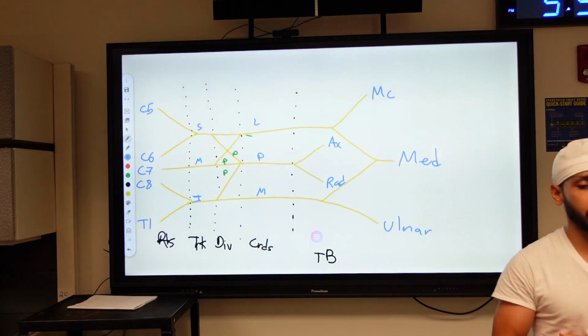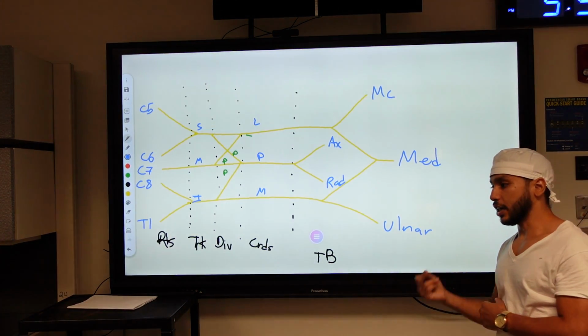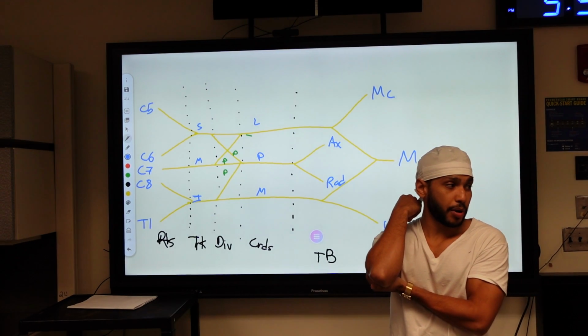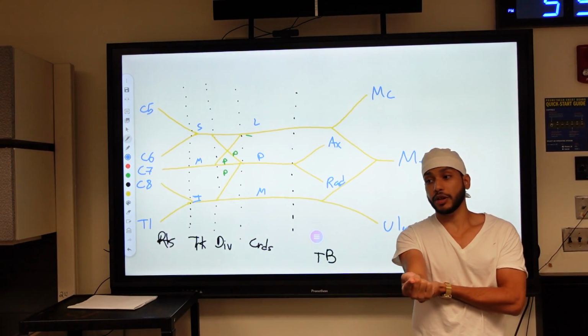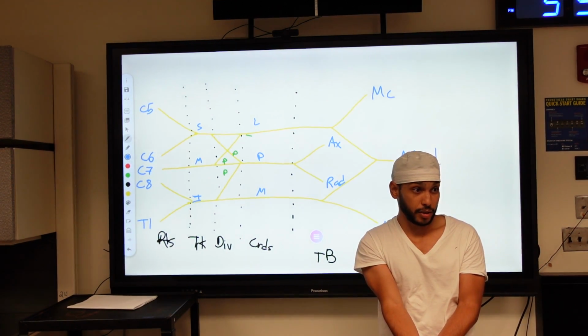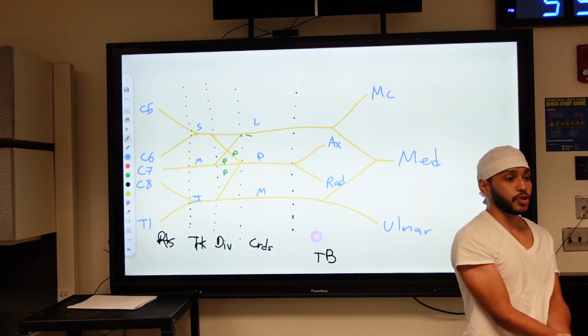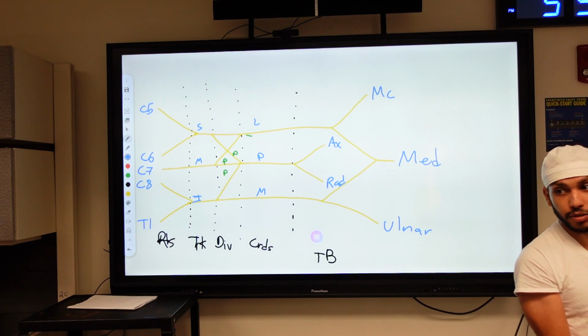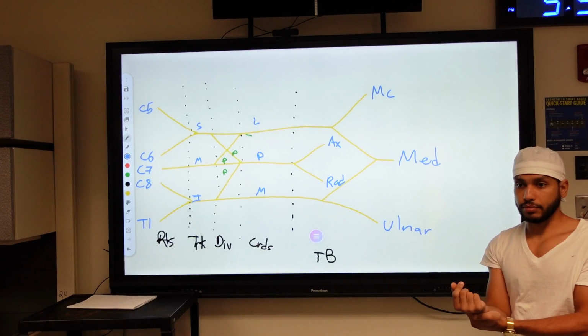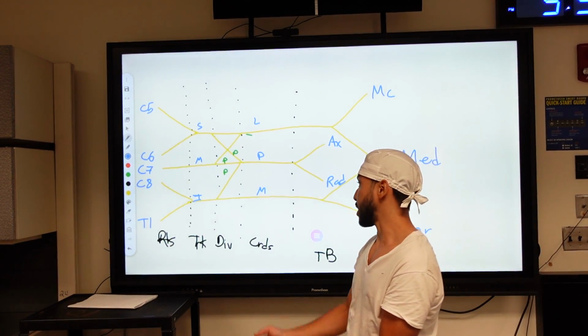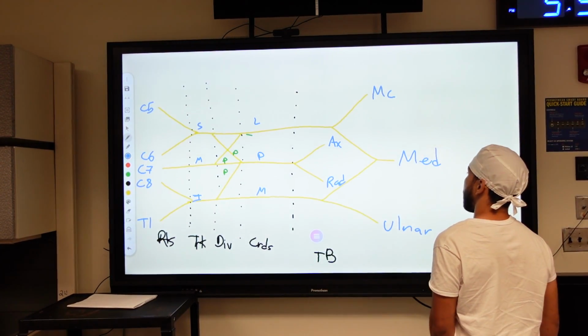It comes off the posterior cord, innervates the muscles in the posterior compartment of the arm, and guess what? It also innervates the muscles in the posterior compartment of the forearm as well. So it literally does the whole entire posterior part of the upper limb, arm and forearm, okay? Arm and forearm, that's the radial nerve, okay?